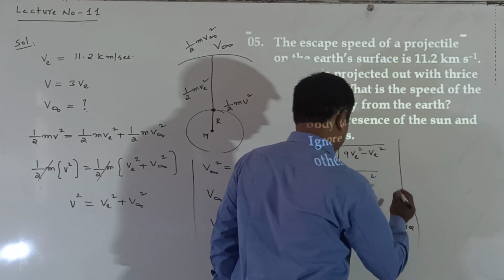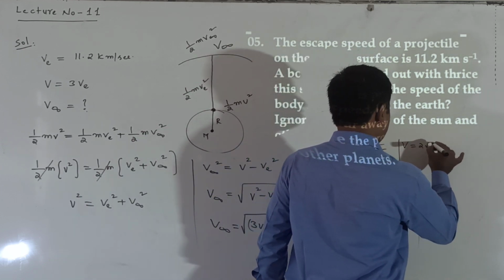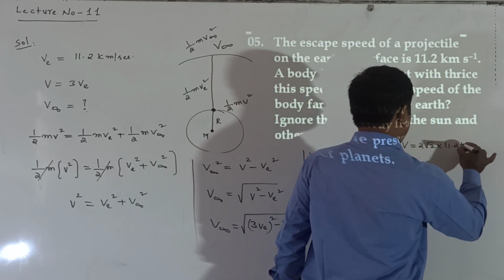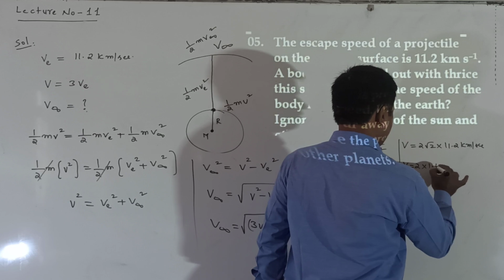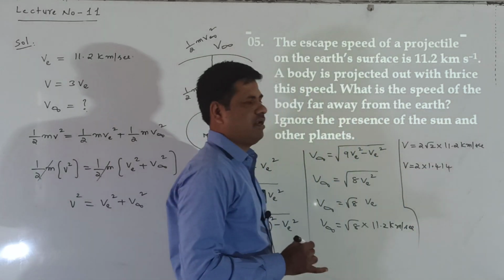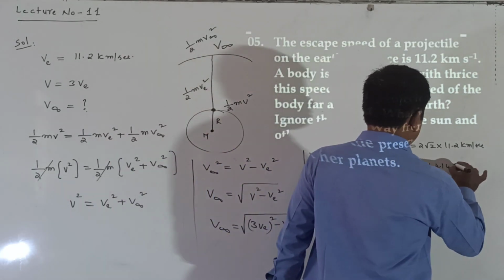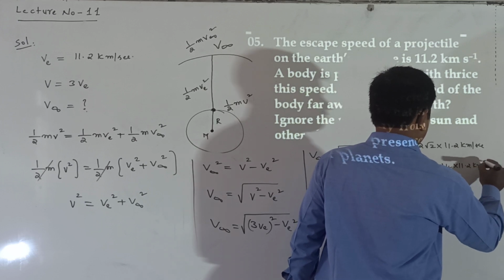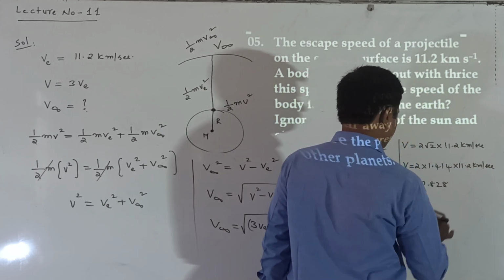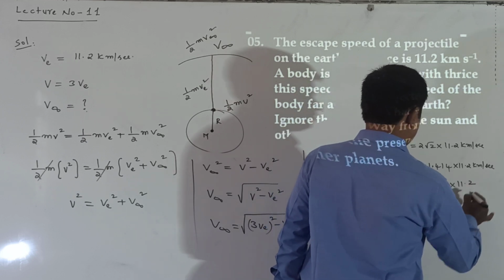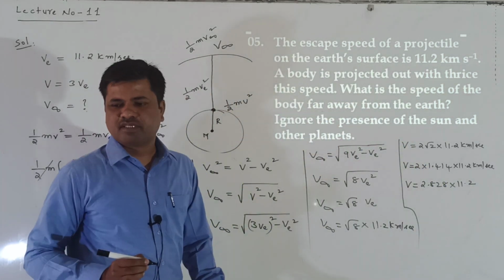Now from this, v infinity is equal to 2 root 2 into 11.2 kilometer per second. That is 2 into 1.414, the root 2 value, into 11.2 kilometer per second. Now this is 2.828 into 11.2 kilometer per second.